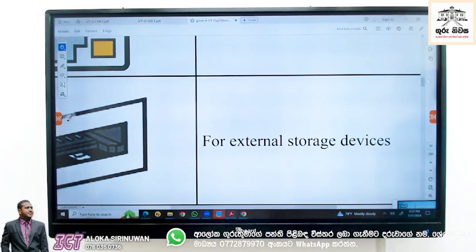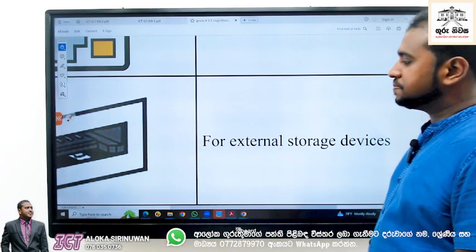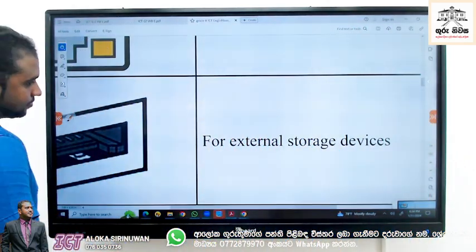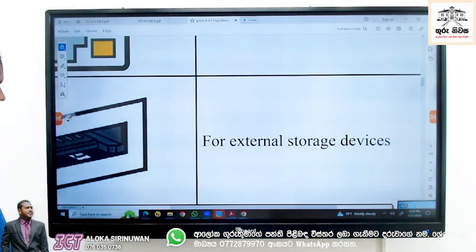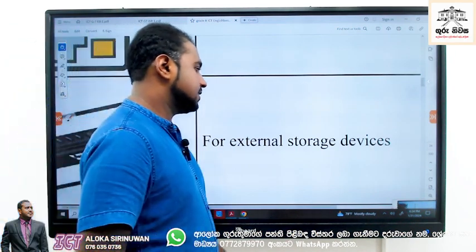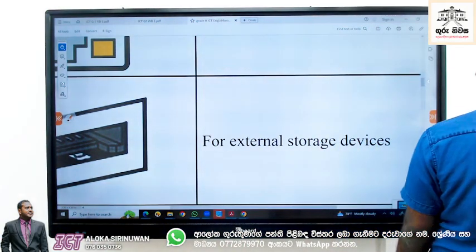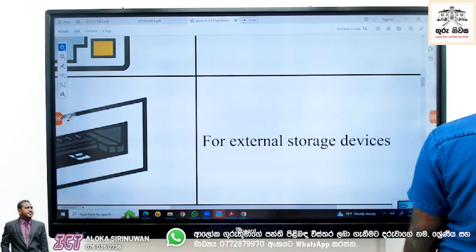This port is specially used to connect all external storage devices.